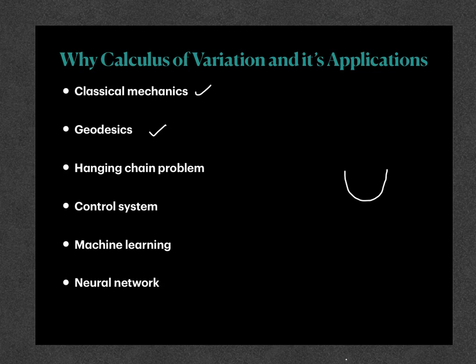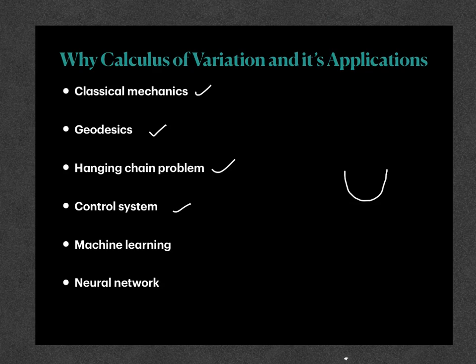Also, we have hanging chain problems and Brachistochrone problems in calculus of variations. It also has applications in control systems to optimize the cost index. For example, if we have a satellite, then it needs a certain amount of fuel.